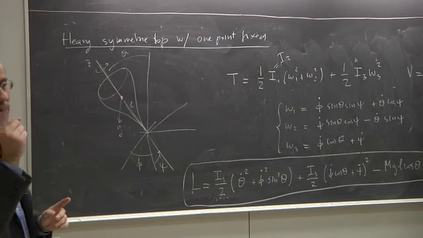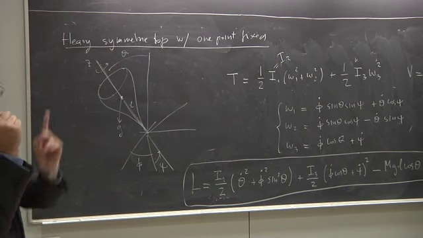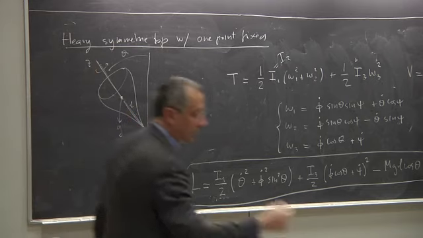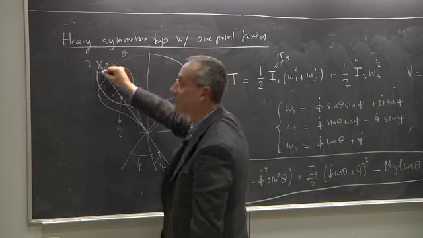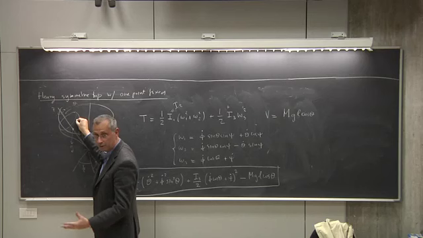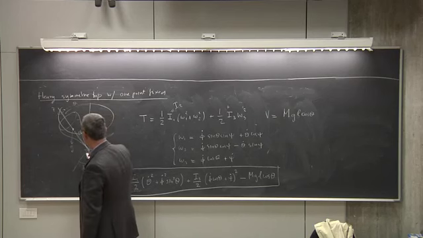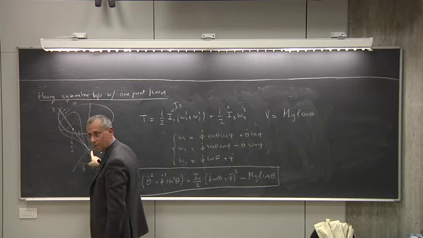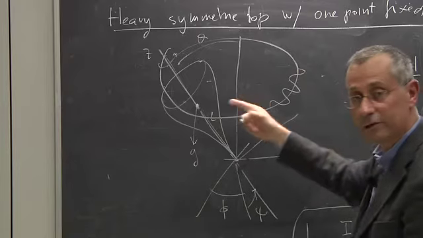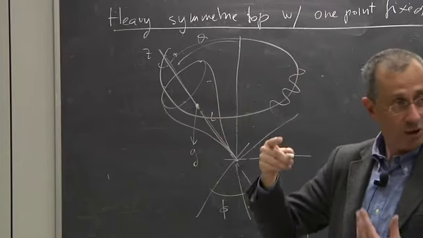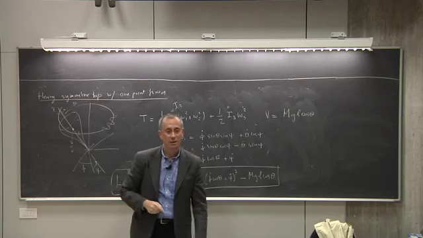As it spins about this axis, it precesses. So the axis moves around this one, like the Earth, even though the Earth has no fixed point. And as it precesses, it's also moving back and forth, up and down like this. So very complicated, fascinating, and we will understand it from this equation.